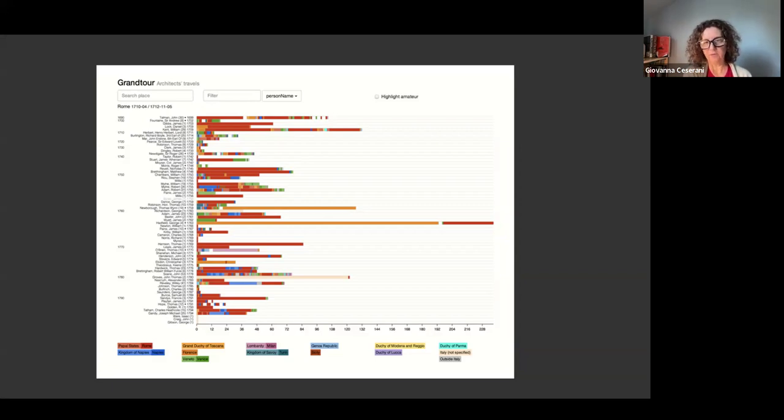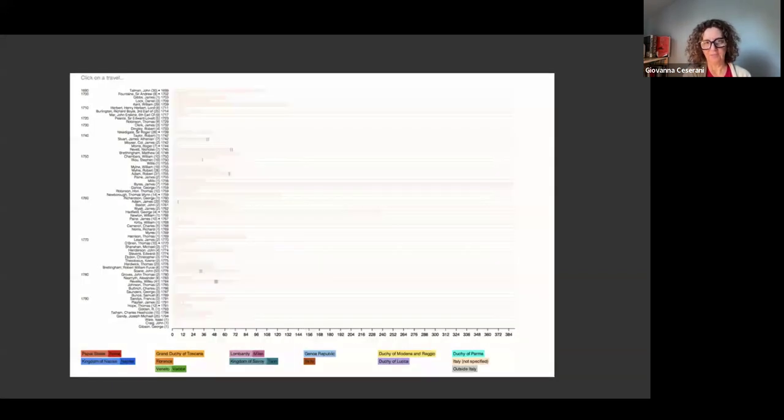So if you click on destinations out of Italy, and this gray is very faint, the gray that you see here represents destinations outside of Italy. What you see here are the trips of 7 of these 69 architects who traveled beyond Italy to places such as Malta, Dalmatia, where they found the palace of Diocletian, Greece, Egypt, and Turkey.